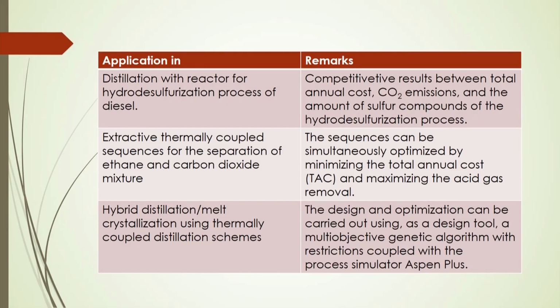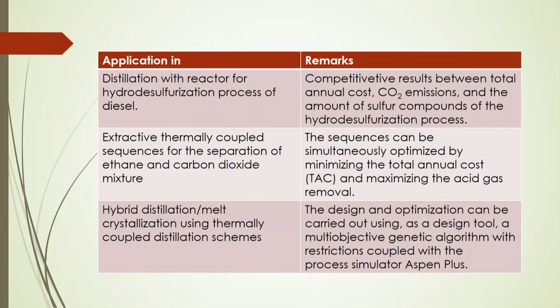Another important application is called extractive thermally coupled sequences for the separation of ethane and carbon dioxide. In this case, you will see that the sequences can be simultaneously optimized by minimizing the total annual cost and maximizing the acid gas removal.